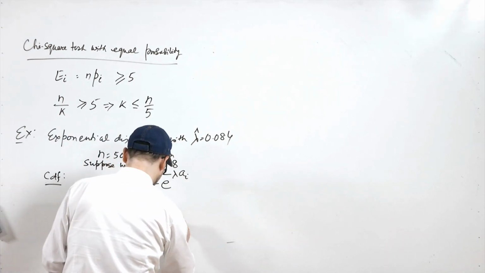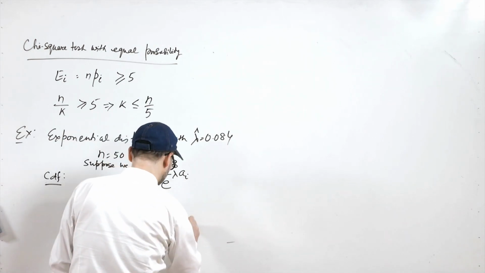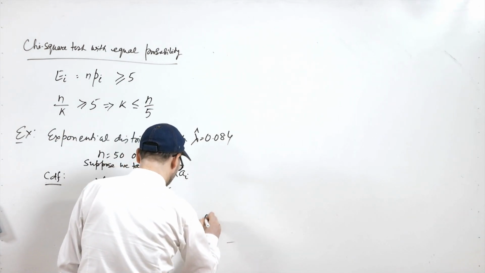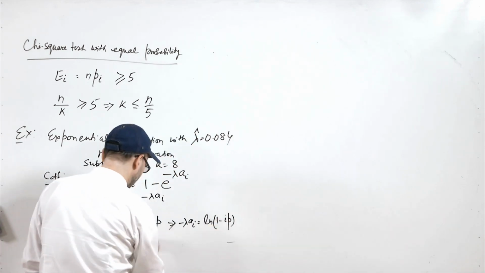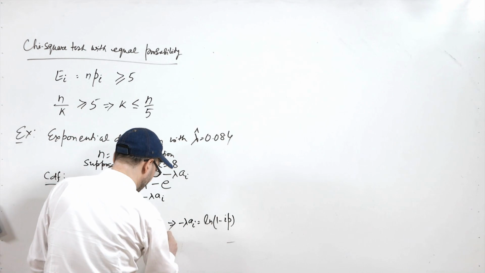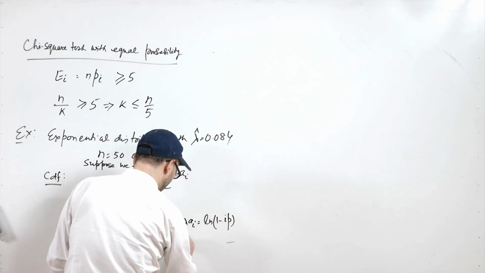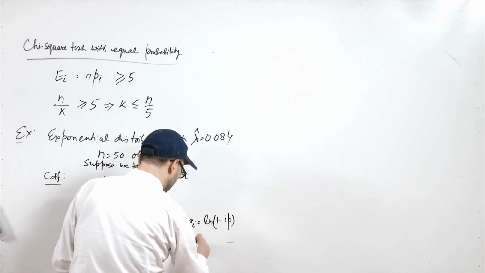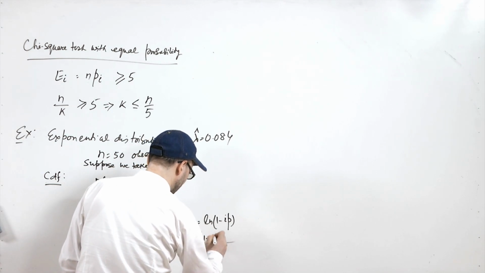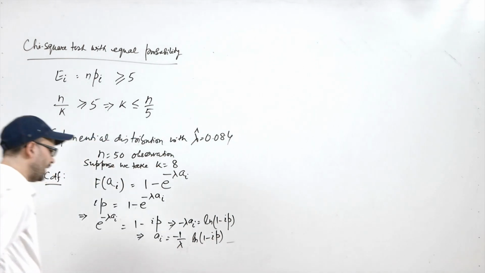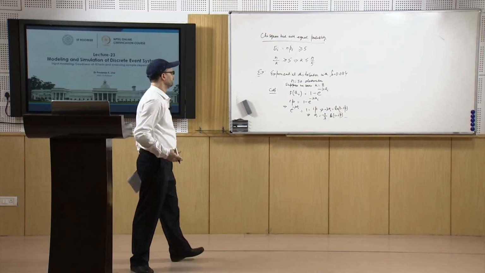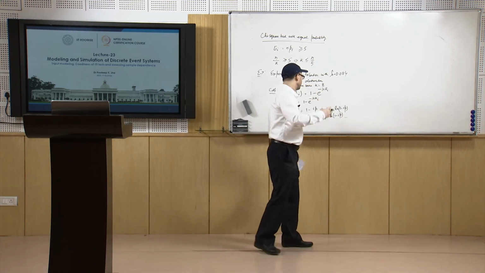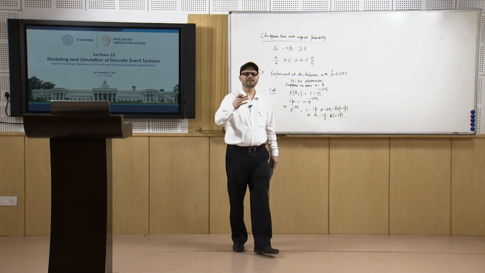In that case minus lambda AI is ln of 1 minus IP, and AI will be minus of 1 by lambda into ln of 1 minus IP.